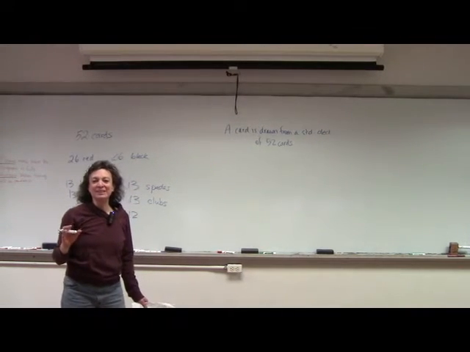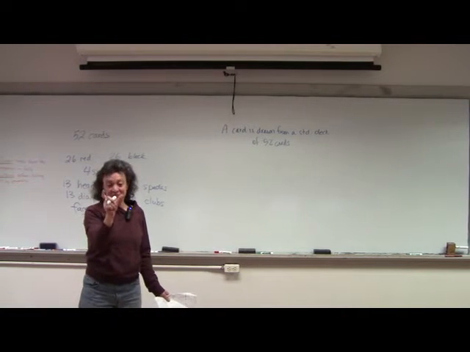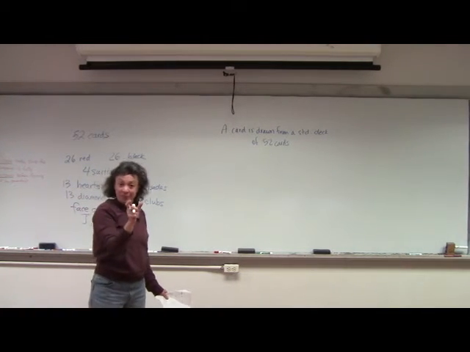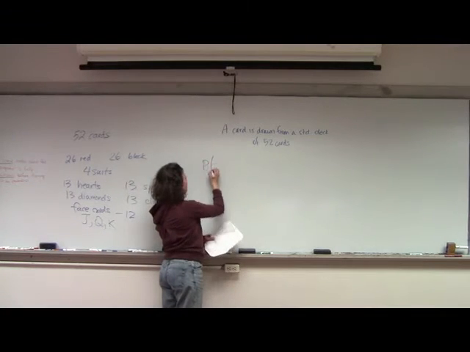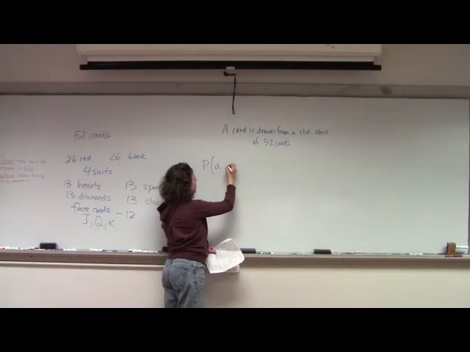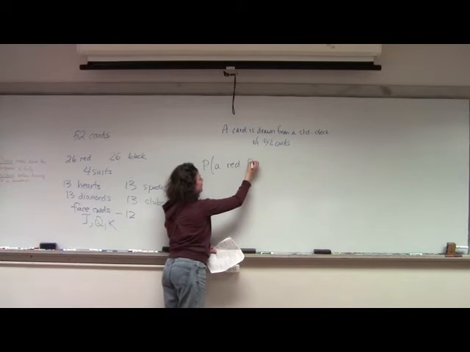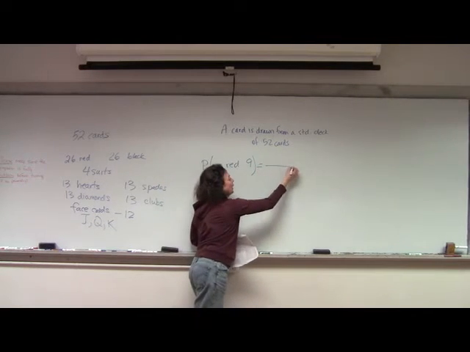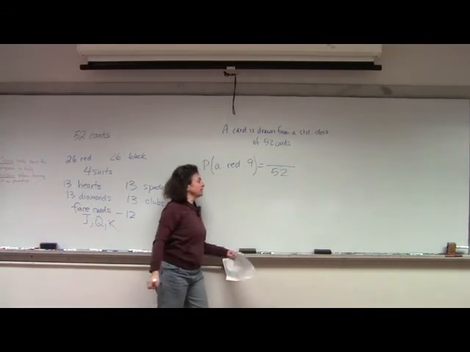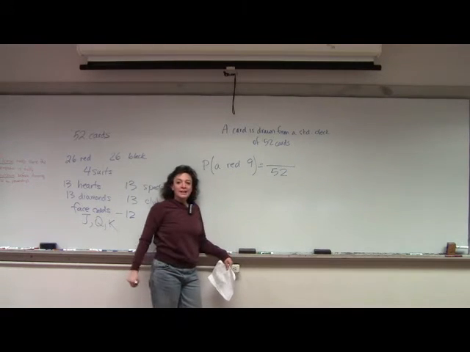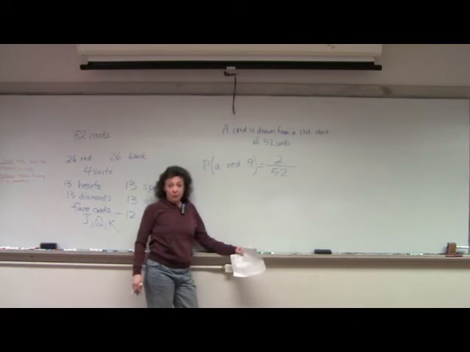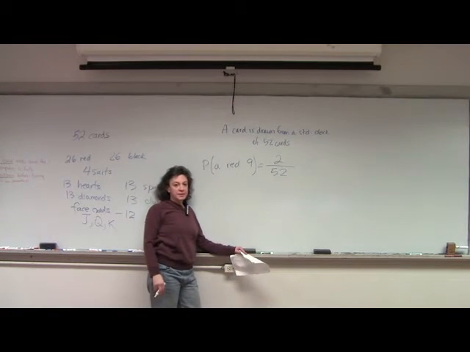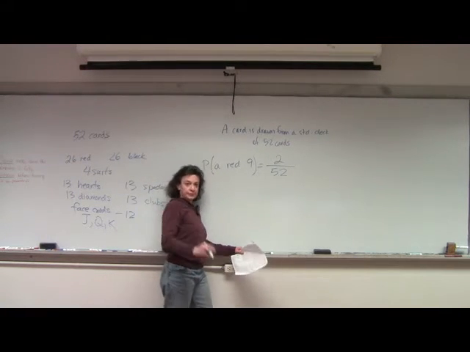The important thing is that our sample space has 52 elements in it. So, let's find the probability of drawing a red 9. Well, again, there's 52 cards in the deck. How many red 9s are there in the deck? There's 2. If you want to simplify that and write it as 1/26, beautiful.